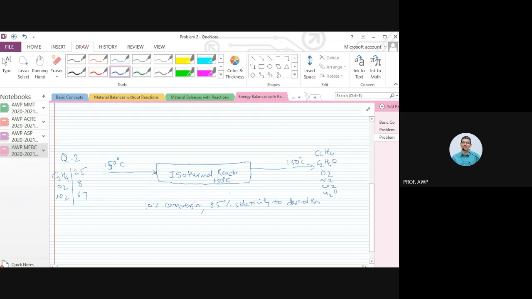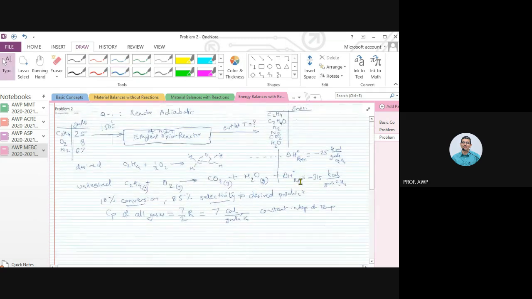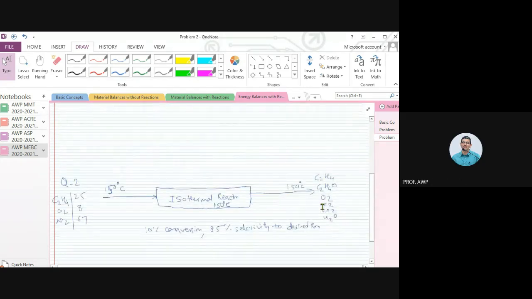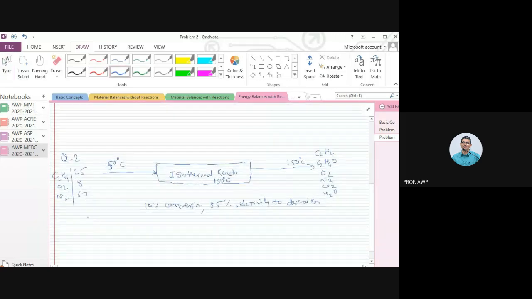Now, these reactions are exothermic or endothermic? Exothermic. So if I have to maintain isothermal conditions, I will need to remove heat from the reactor. Yes or no? Yes, sir.